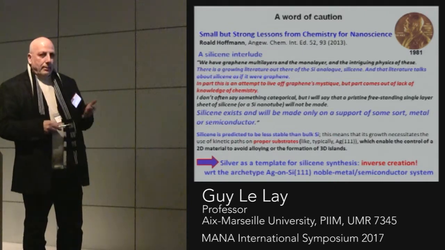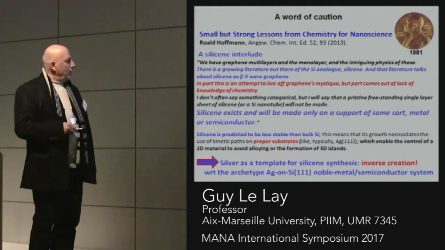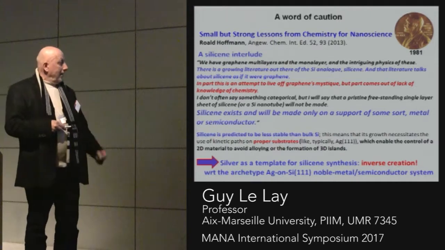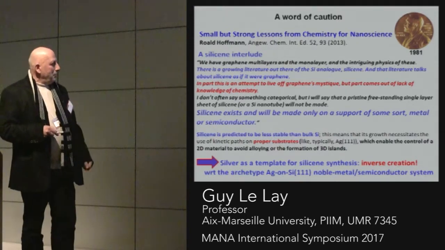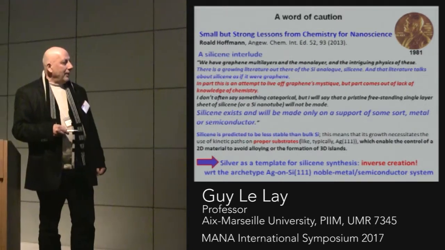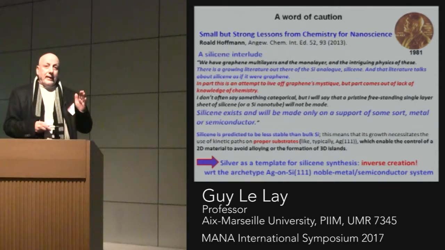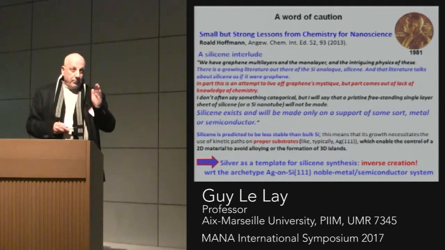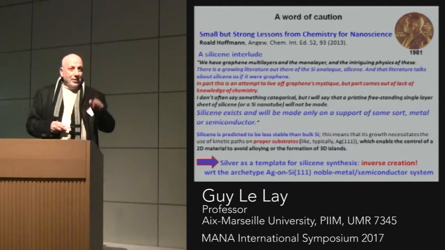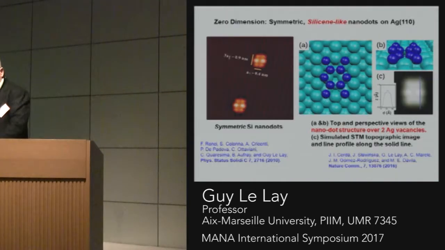Indeed, silicene is predicted to be less stable than graphene, and we need a special template. And the template we have chosen is silver. The reason comes from my background in the silver on silicon, or noble metal on semiconductor system, where silver on silicon makes atomically abrupt epitaxial interfaces. So it was just going to some sort of inverse creation.